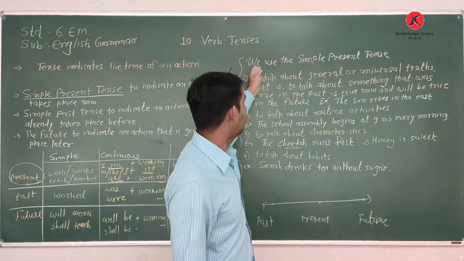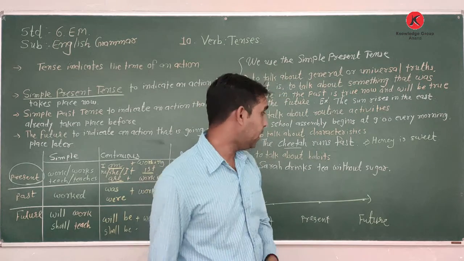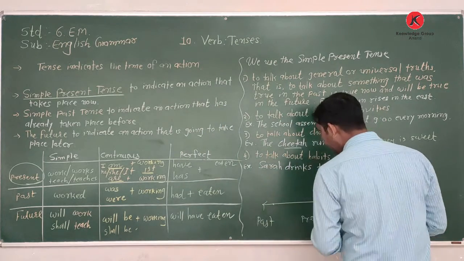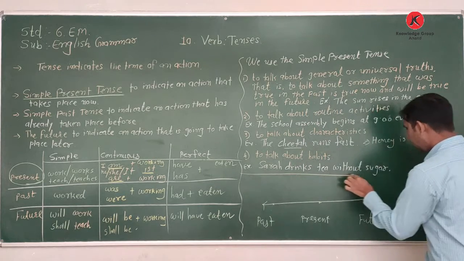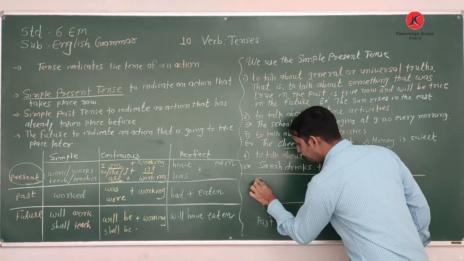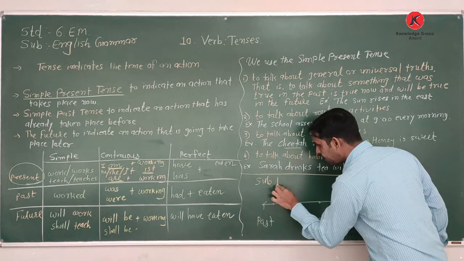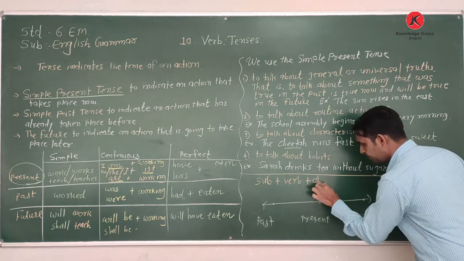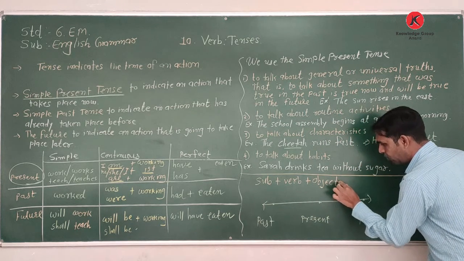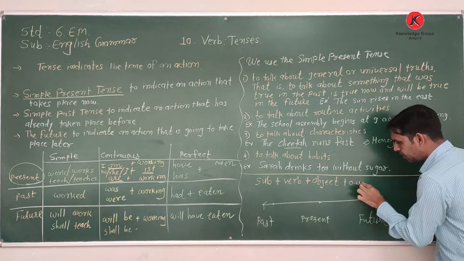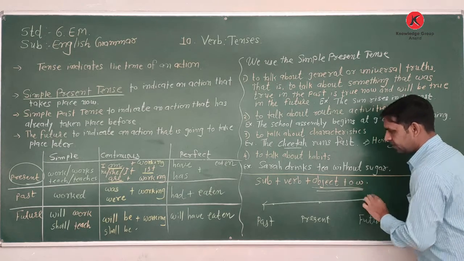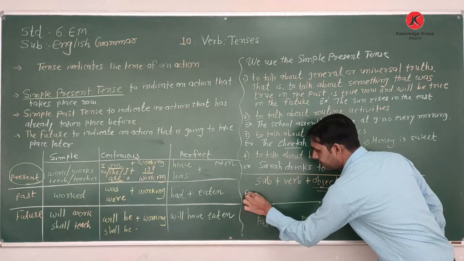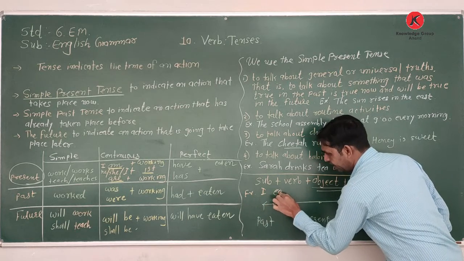To talk about these, we use the simple present tense. What is the structure of the simple present tense? Subject plus verb plus object plus other words, and the object and other words are not always needed, only subject and verb. For example, I eat.